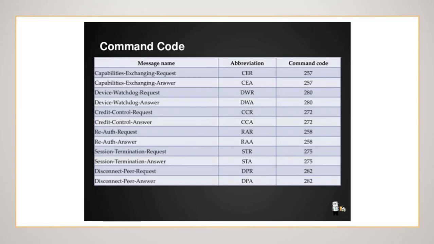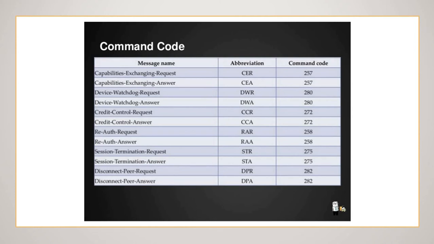Now this is also one of the important things. As I told you about the various command codes, every message in the Diameter protocol has a command code. Why a command code? Because it is easy for us to search in Diameter traces what requests go: is it a capability request, a device watchdog request, a credit control request, or whatever request it is.